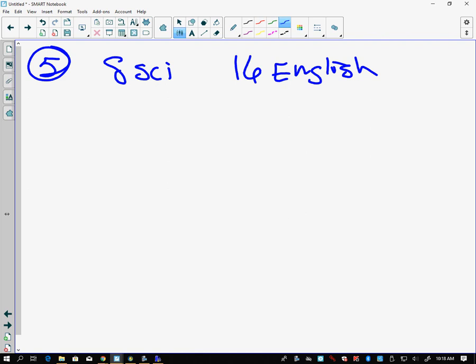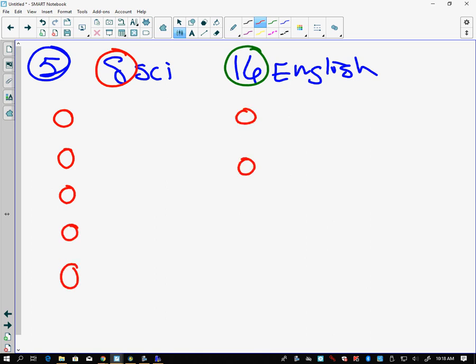Let's think about this illustratively. Let's say that this is a red circle and this is a green circle, right? Okay, so there are 1, 2, 3, 4, 5, 6, 7, 8, right?